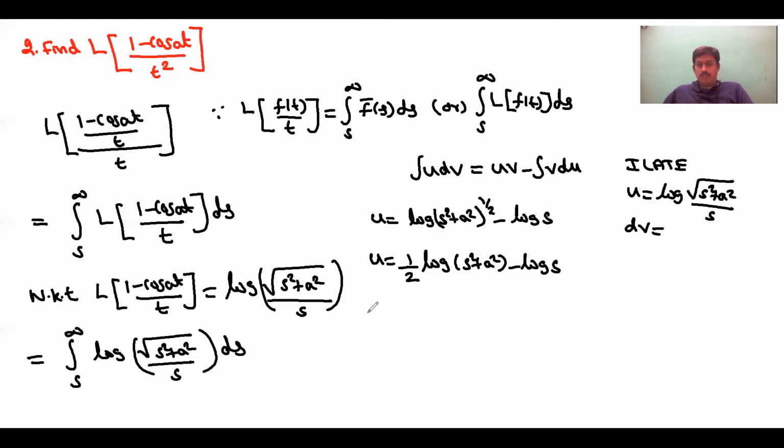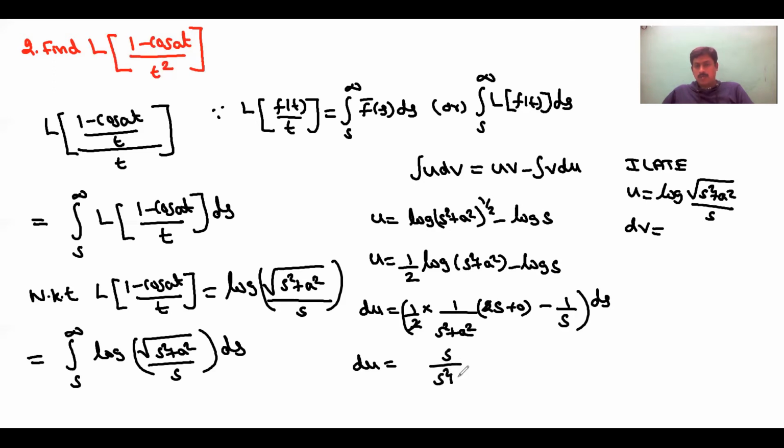Now if you differentiate, we get du equals 1 by 2. Log x differentiation is 1 by x, but it is not in the form of x, it is a function, so differentiate this again with respect to s, we get 2s plus 0. Here log s differentiation is 1 by s into ds. So now rewrite the term as du equals, here the 2 gets cancelled, you get s divided by s square plus a square minus 1 by s into ds. Here our dv is nothing but ds.